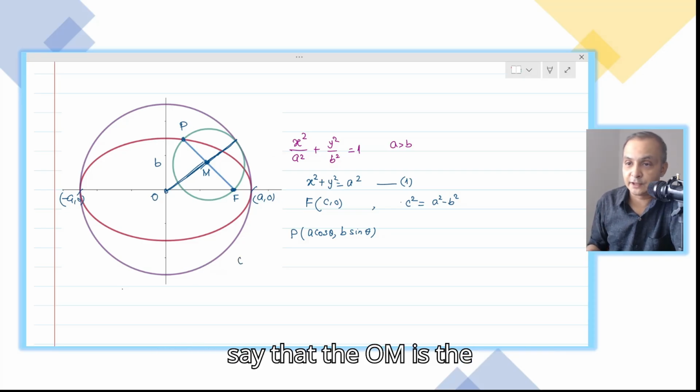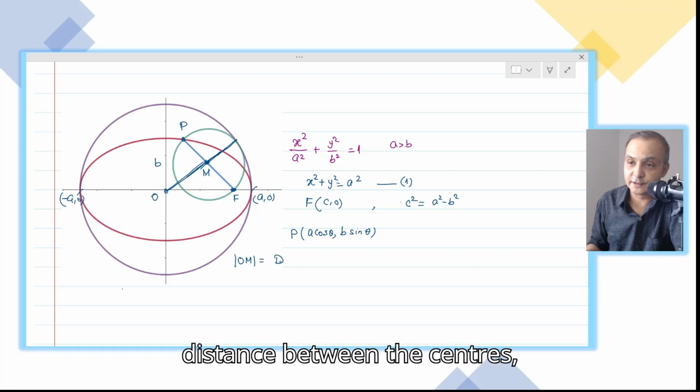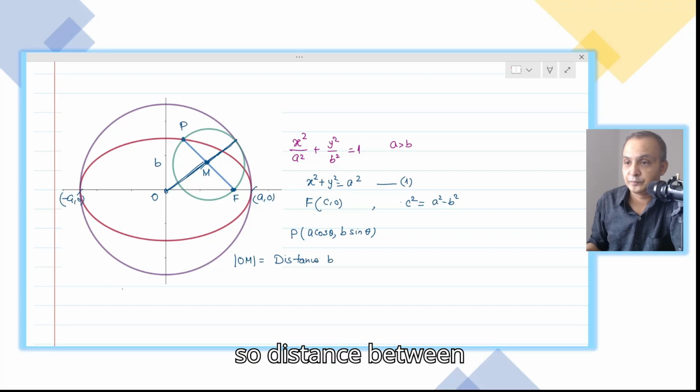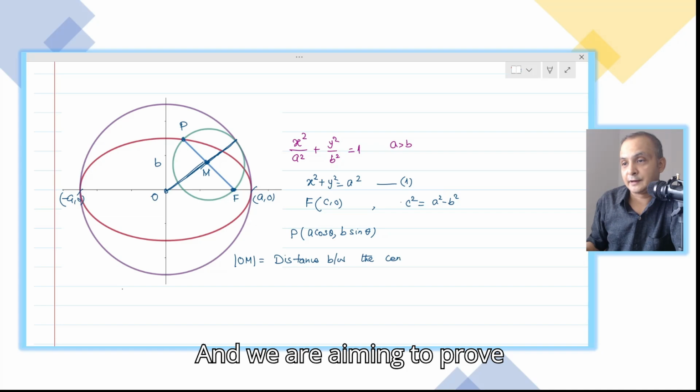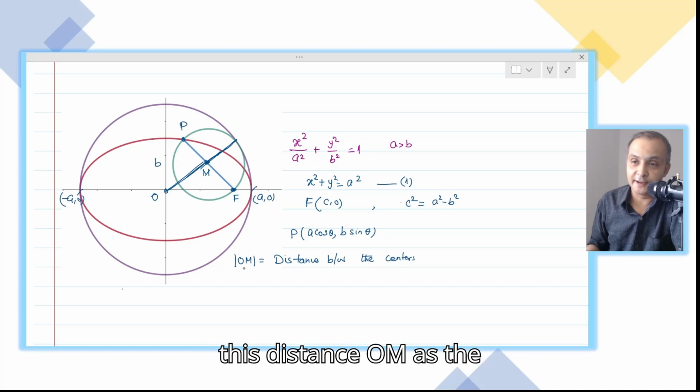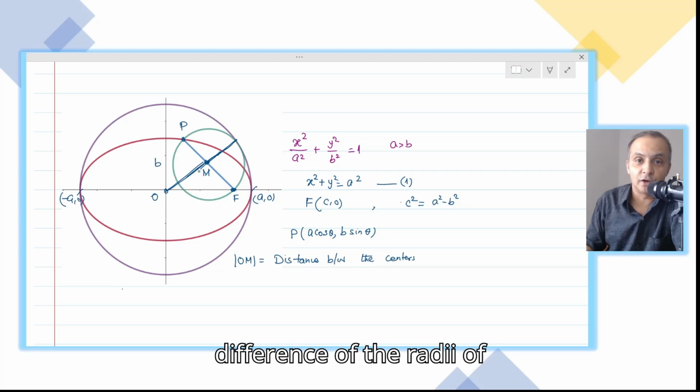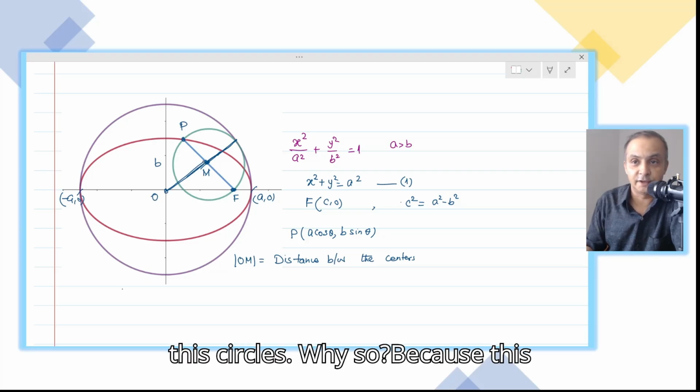So we can say that OM is the distance between the centers, and we are aiming to prove this distance OM as the difference of the radii of these circles.